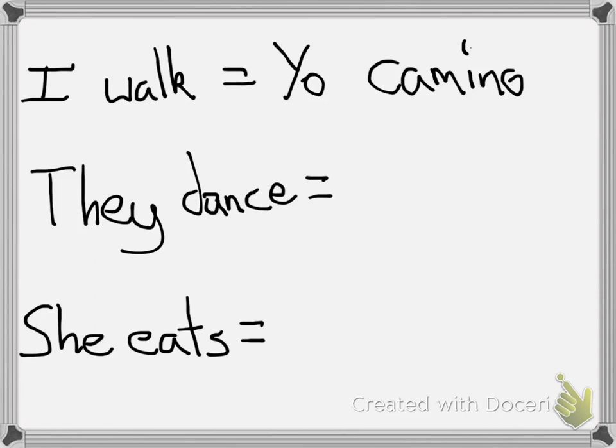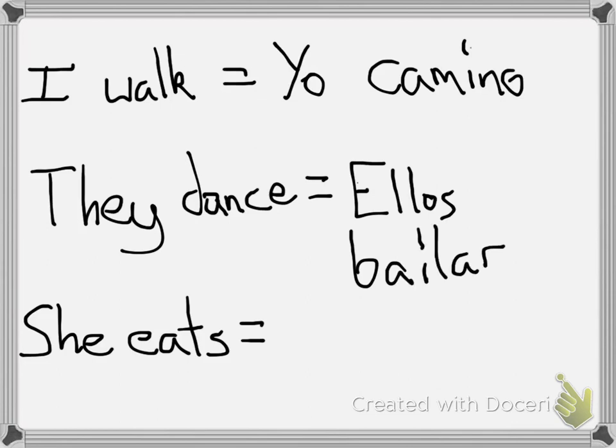For they dance, let's go ahead and add in our subject pronoun ellos. My verb is bailar. Following my verb conjugation process, I erase the last 2 letters here. And then I add in the appropriate ending, in this case, the letters A-N, and I get ellos bailan.